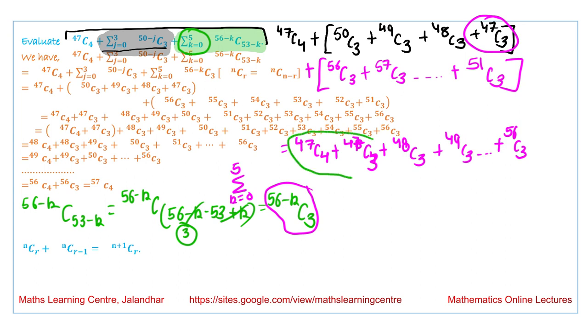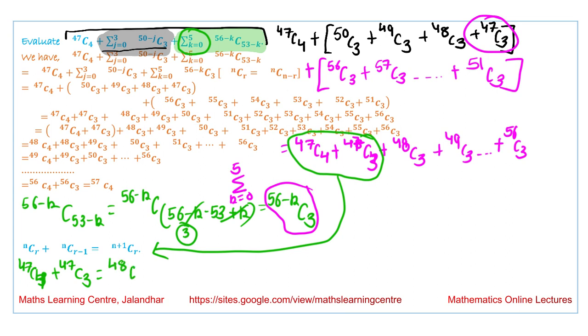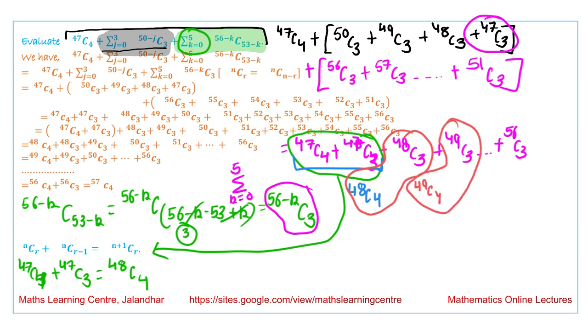Look at the value of these two terms. We are applying the formula nCr: 47C3 plus 47C4, the value we will have is 48C4. So the sum of these two terms will be 48C4. Similarly, the sum of these two terms will be 49C4, and the sum of these two terms will be 50C4.